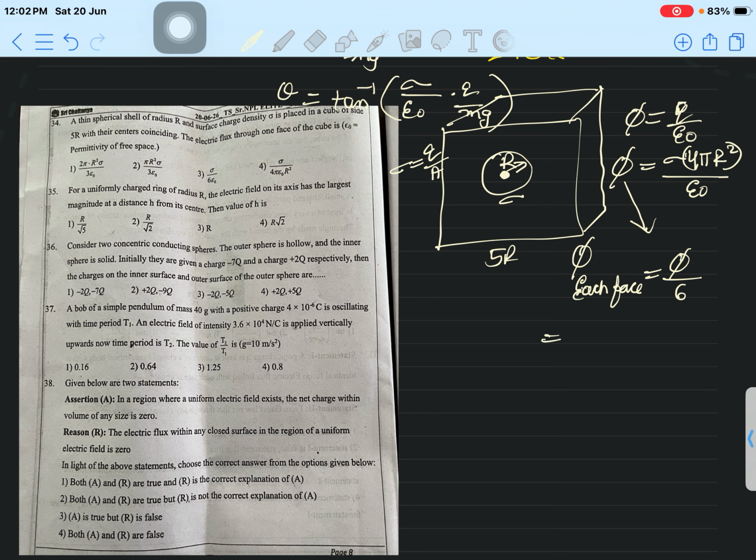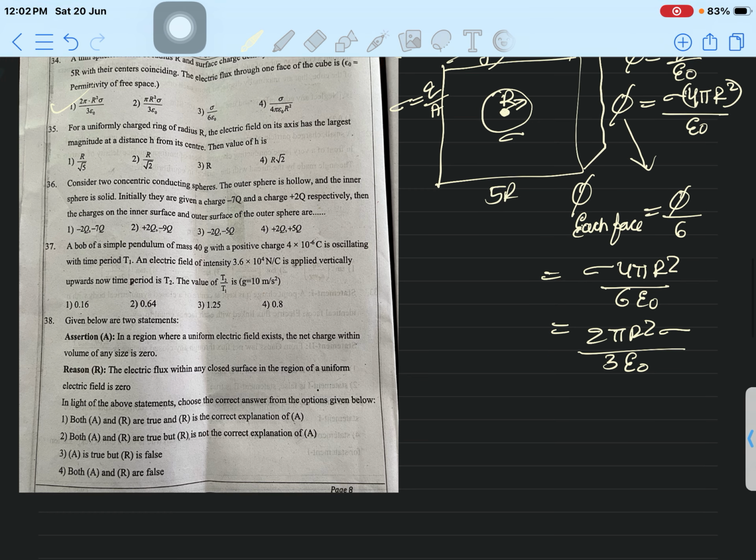So simply if you substitute that formula, it will become sigma 4 pi r square by 6 epsilon naught. So if you solve it further, it will become 2 pi r square sigma by 3 epsilon naught. So which is the first option. Is that okay, sir? We'll go to next question.